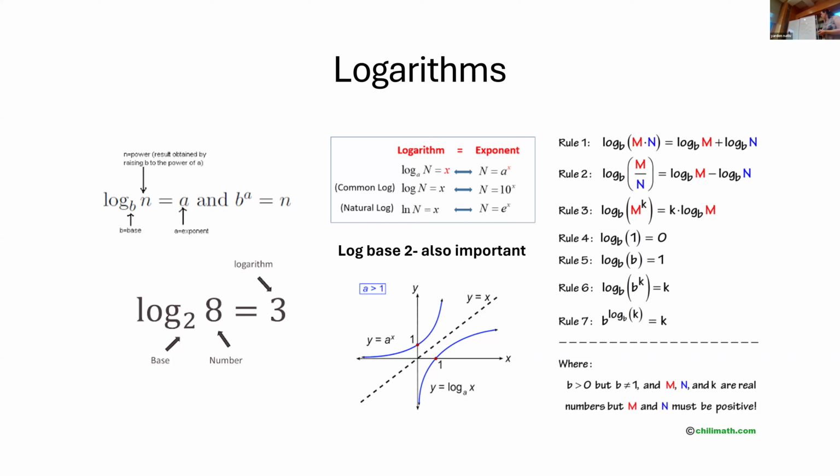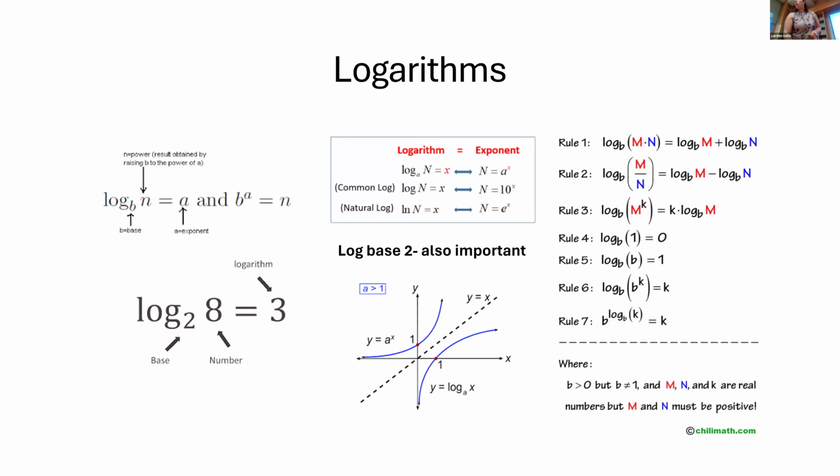So please note that log base 2 of a quarter equals -2, but log base 2 of -2 does not exist. Okay, please note the differences. The output can be negative, but inside the log function, you cannot have something which is negative. Okay? Questions so far?